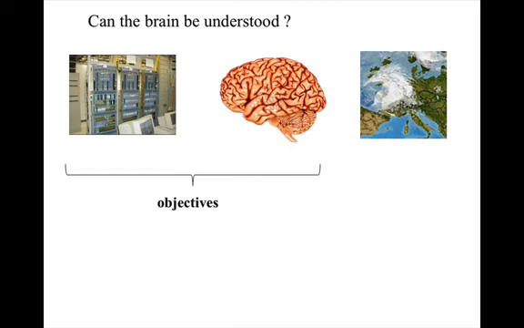Now, there's an aspect of brains that encourages the belief that they're understandable. Both electronic systems and brains have objectives. An electronic system may have objectives like providing continual internet services to a group of users. Brains have objectives like surviving and producing offspring. Systems like the weather don't have objectives. Weather is just what happens.